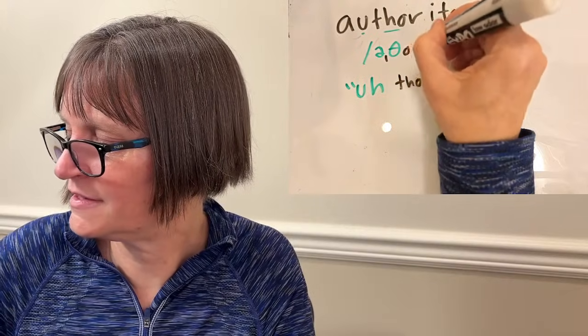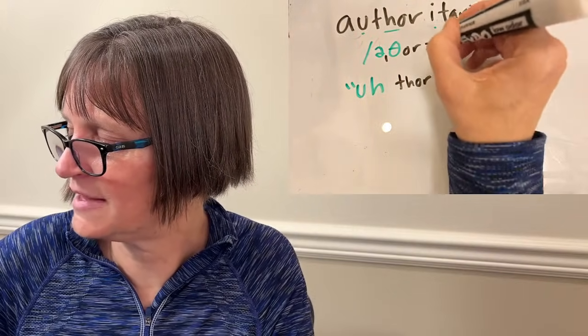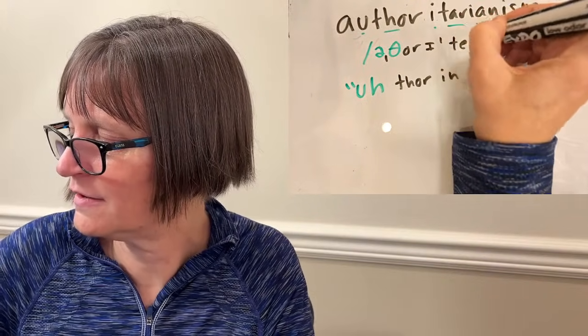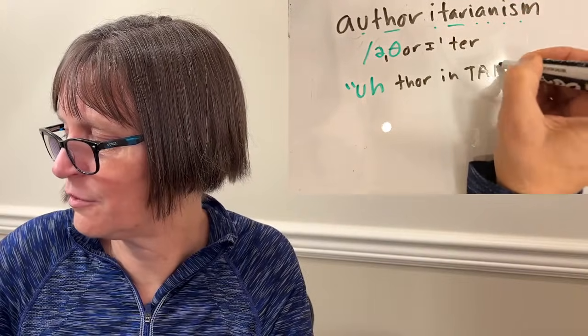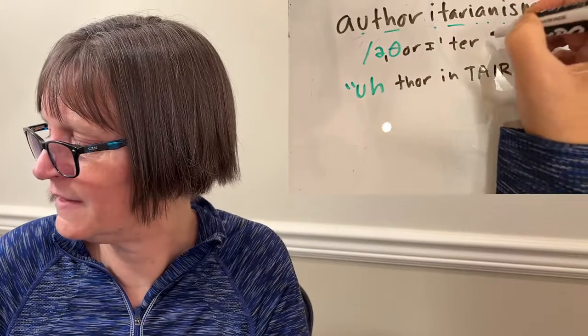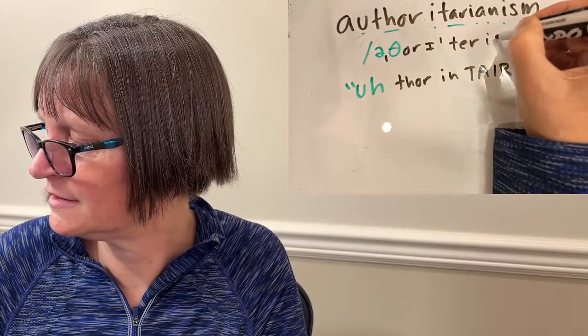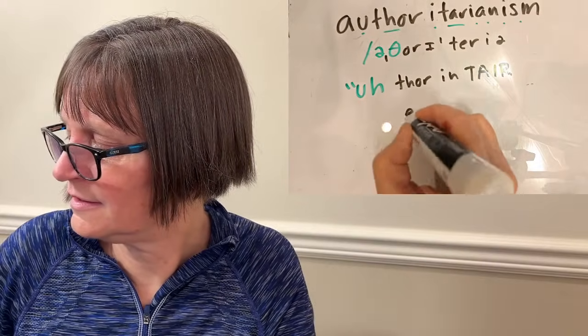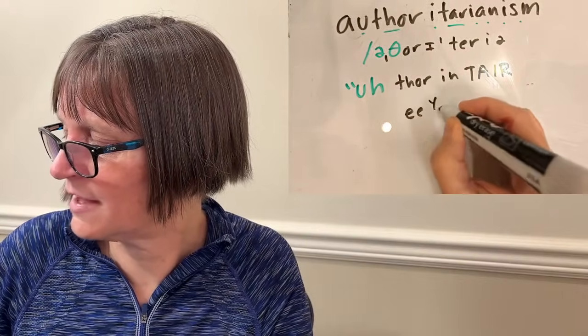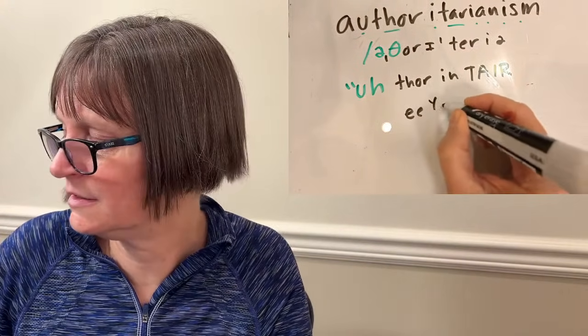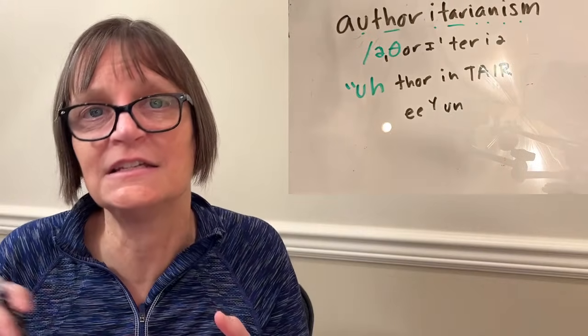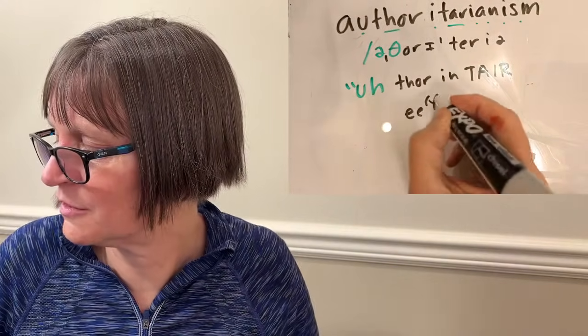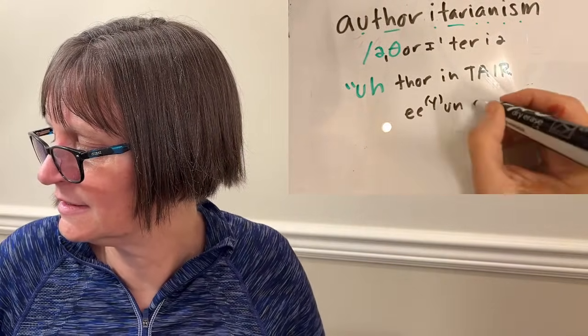And then we have the I sound, I. And then the main stress on tear, that's like in air, authoritaire. And then we have an Ian, E, and then here's our hidden Y sound, Ian, because, like we had in see it, that Y connects those two. Authoritarianism.